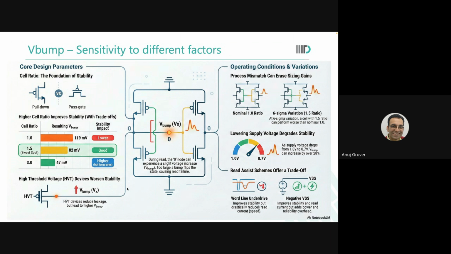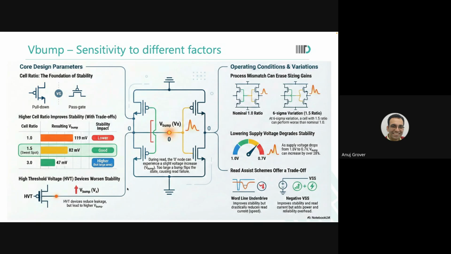Yes. Now there is a penalty on area. You will need additional charge pumps to generate these negative voltages. Or you will need to have at least one extra supply, a negative supply, routed through your entire memory array so that you are able to get a successful read operation.